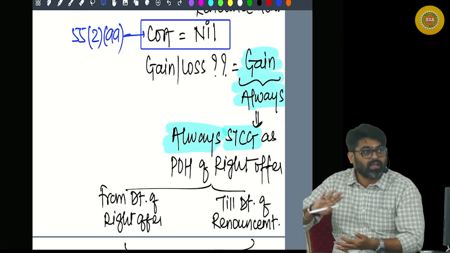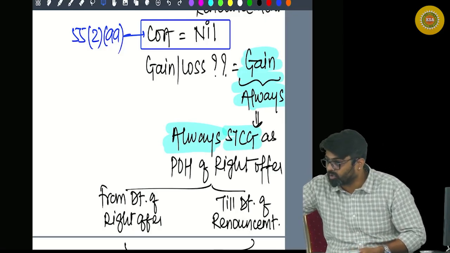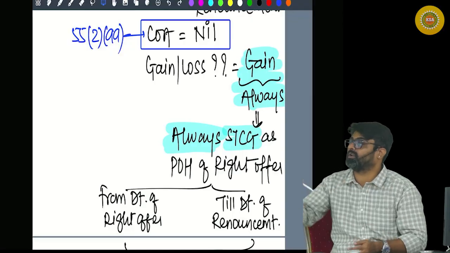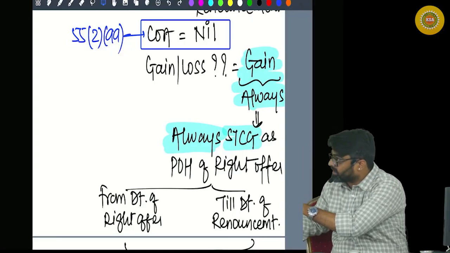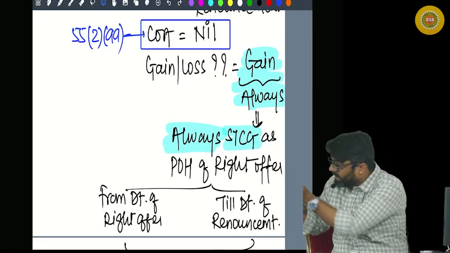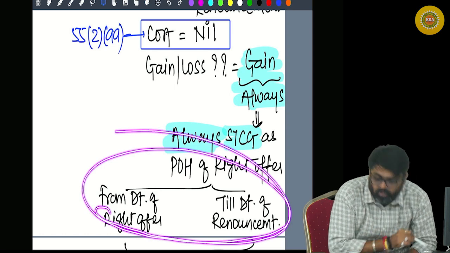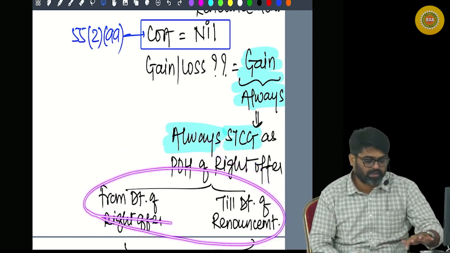And if the renouncement is on or after 23rd July, you are not going to check 36 also, you are going to check 24. This will always be less than 24 months, because this will be some number of days only. Getting my point?